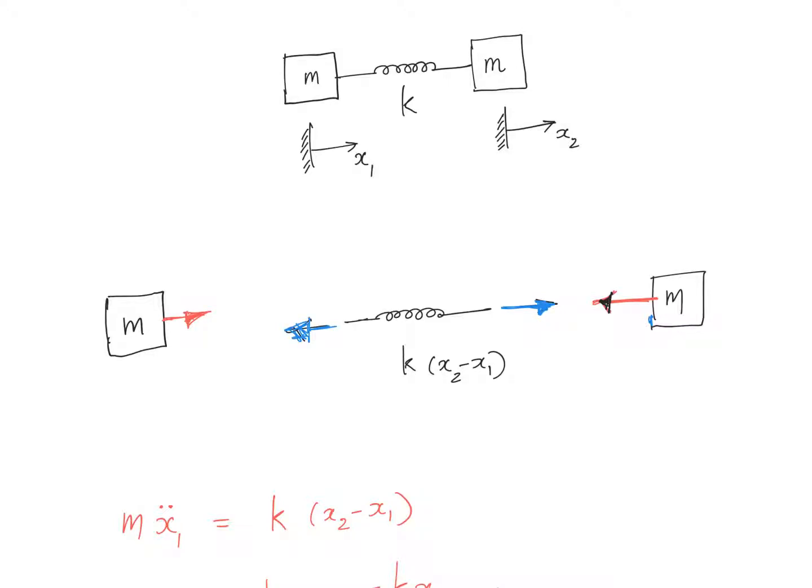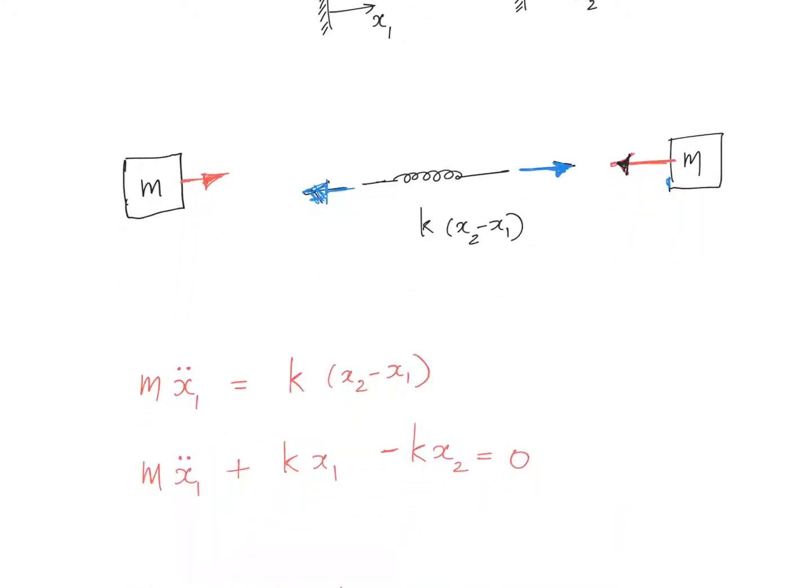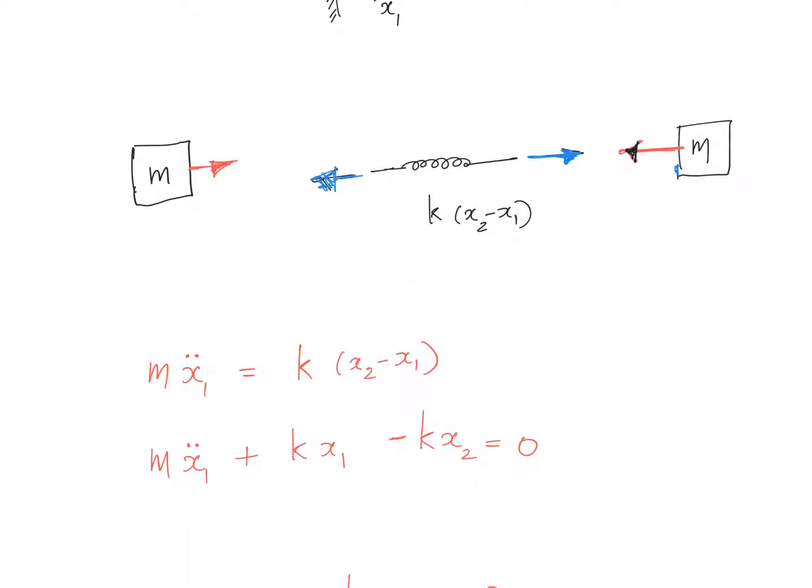So as you can see over here, there is a force acting on this left hand side mass along the positive x1 direction. That is why here there is a positive sign. I didn't put a negative there because it is actually along the positive direction of little x1. Make sense? And that force is k times (x2 minus x1).